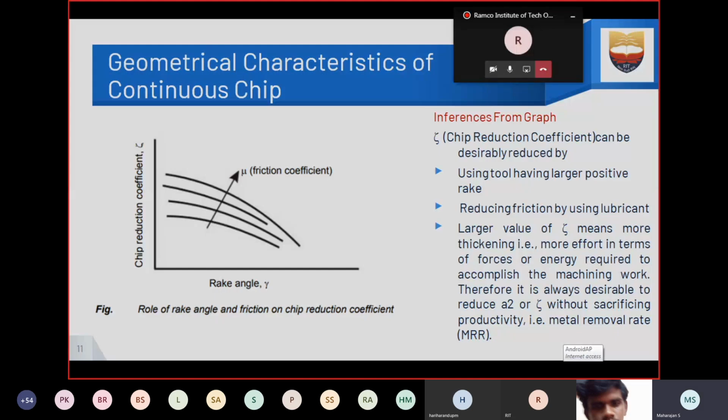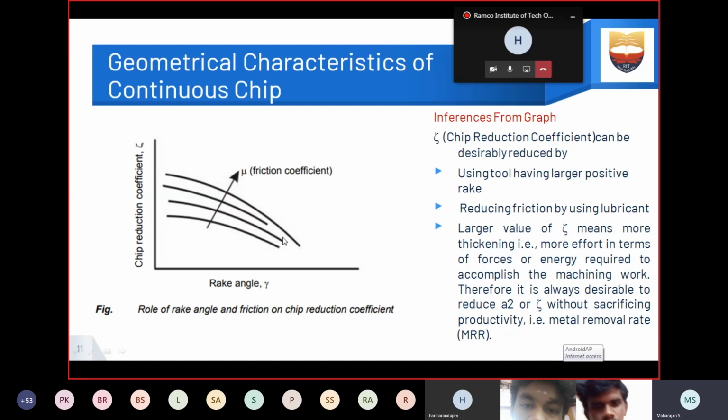So we need to reduce the friction. If you increase the rack angle, what happens to the chip reduction coefficient? It will decrease. So this is a favorable machining condition. We need to increase the rack angle for continuous chip formation for ductile material, so that we can reduce the chip reduction coefficient.